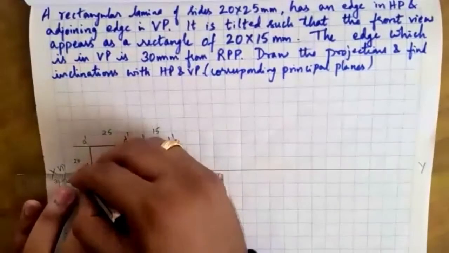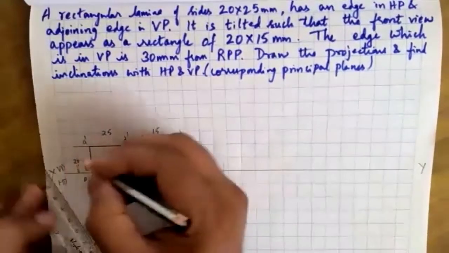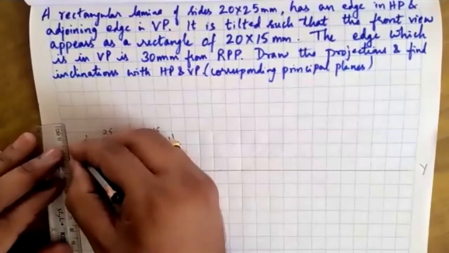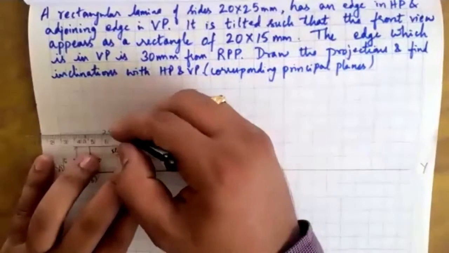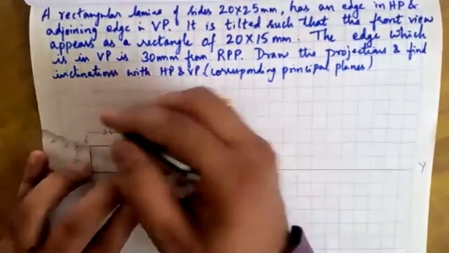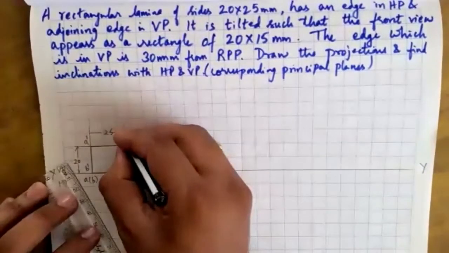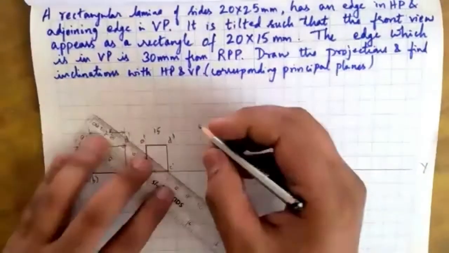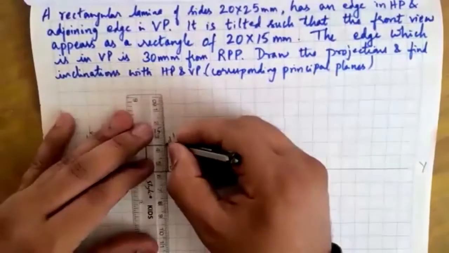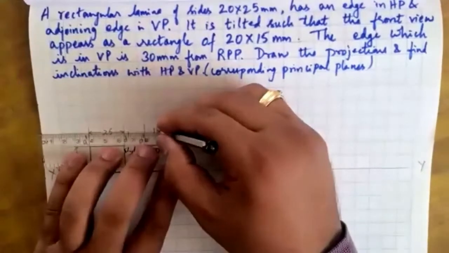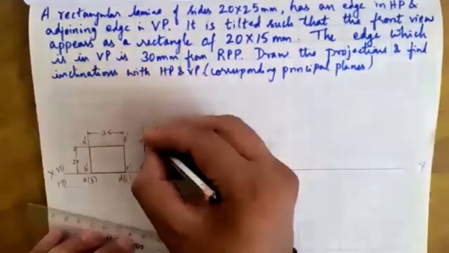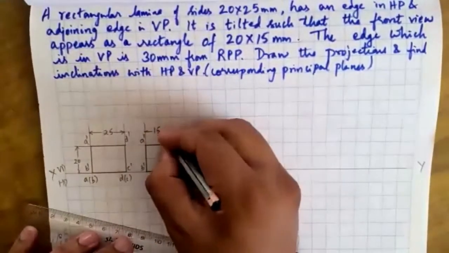So first let me complete the drawing and dimensions. For 25 mm, I'm going to draw the dimensions with a thin line, and also for 15 mm with a thin line. Don't use dark lines. Dimension with a 2H or very, very thin line.